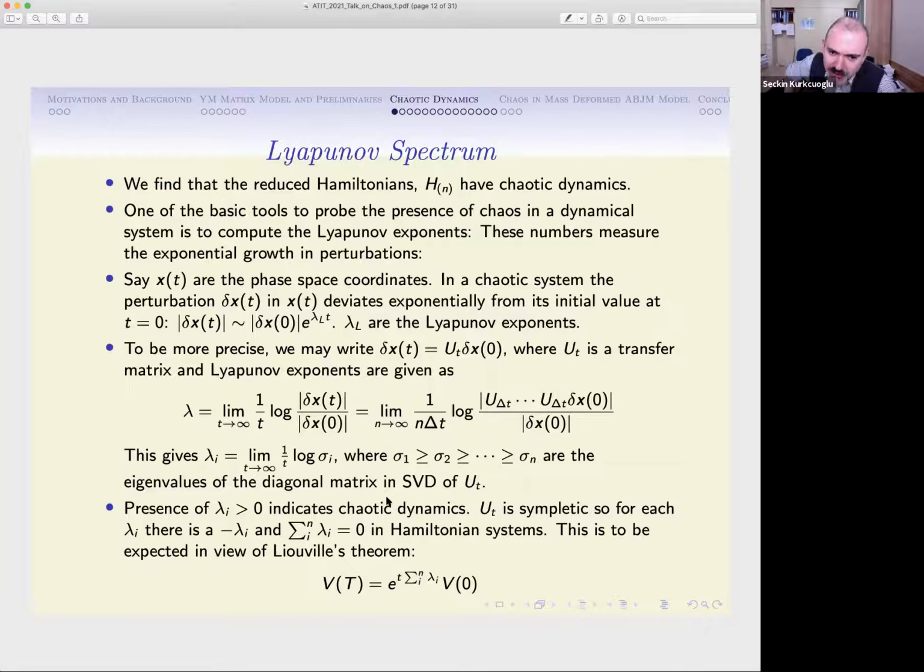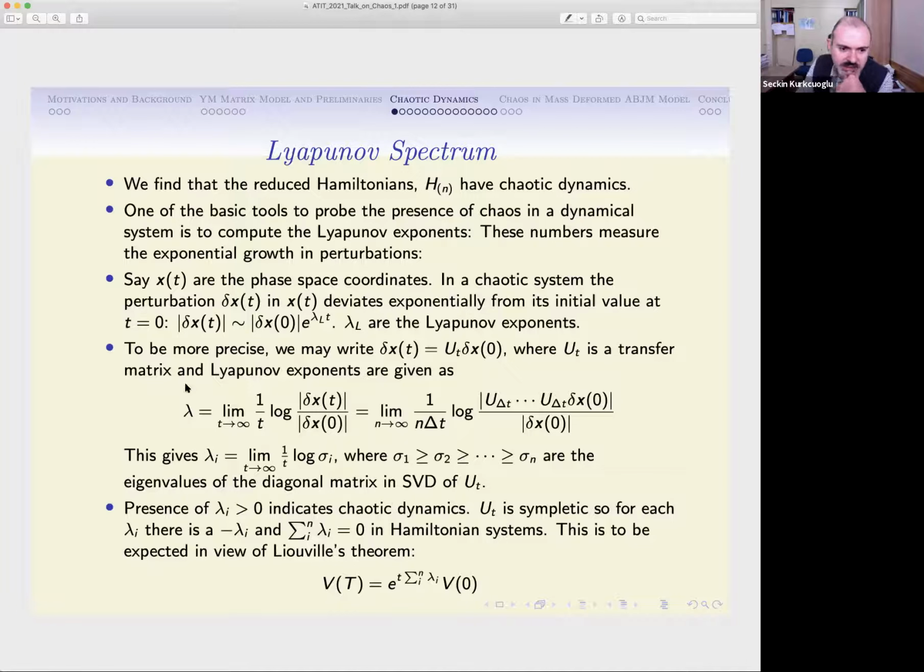One of the basic tools to probe chaos is Lyapunov exponents. This measures how the phase space trajectories diverge.